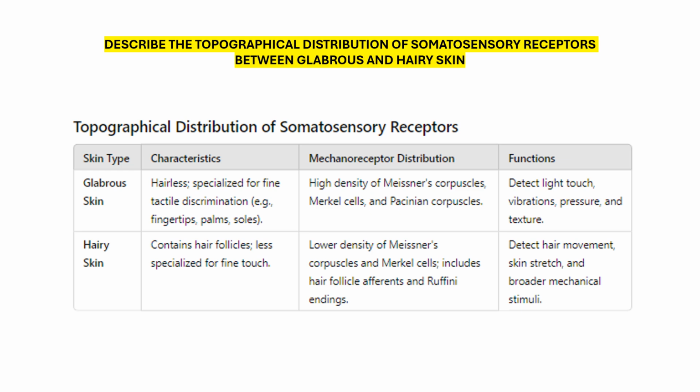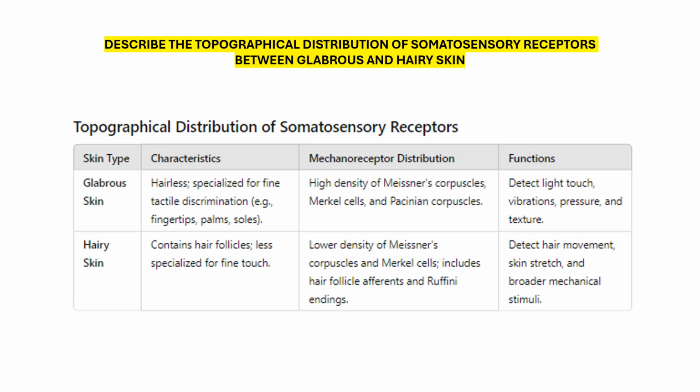So, in hairy skin, you will find your hair follicle afferents, which are specialized receptors that detect hair movement, providing sensory input about nearby objects or subtle air currents. Then we have Ruffini endings, which sense skin stretch and contribute to proprioception. Pacinian capsules, though less dense than in glabrous skin, still detect deep pressure and vibration.